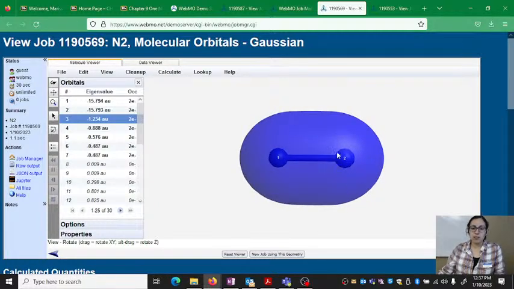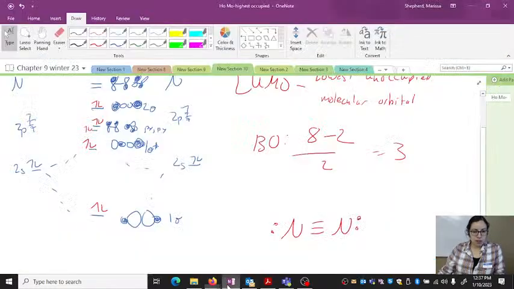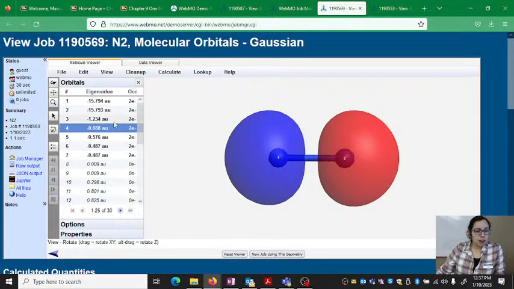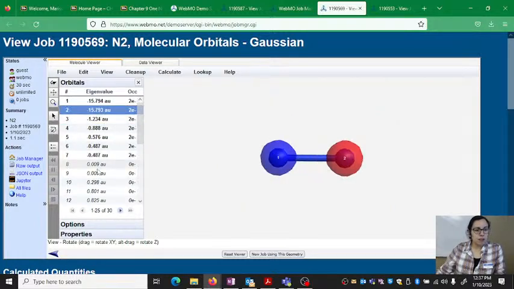So now this is our 1 sigma here, our bonding combination. So just a nice blob. And then it tells you the occupancy.